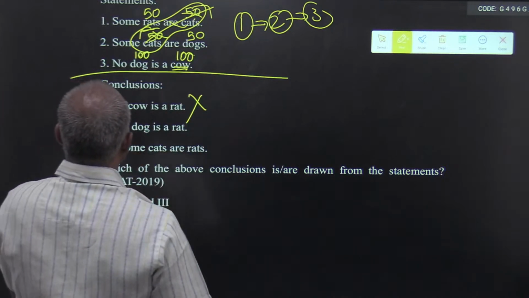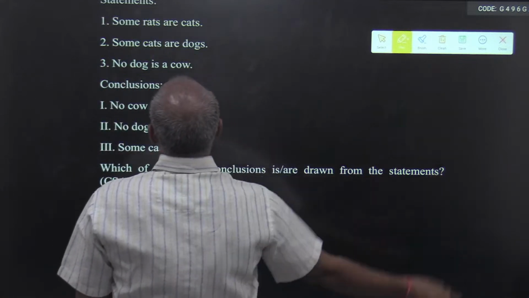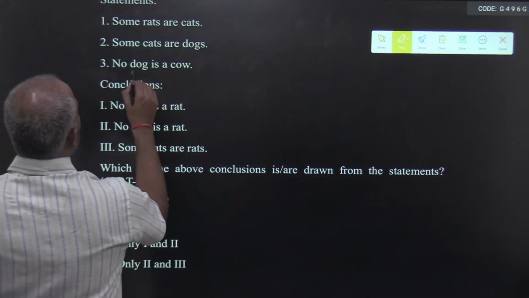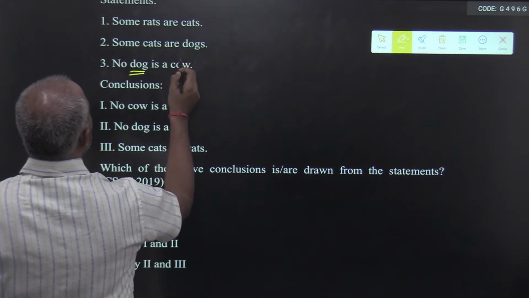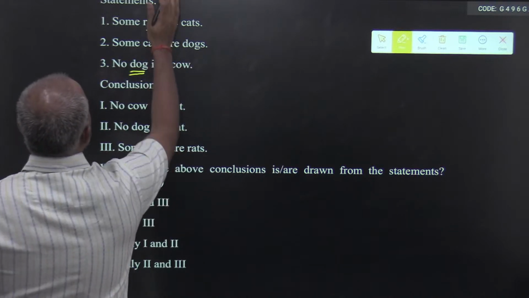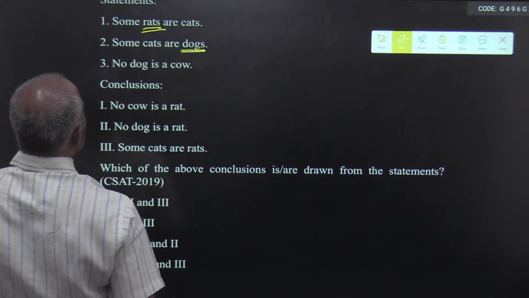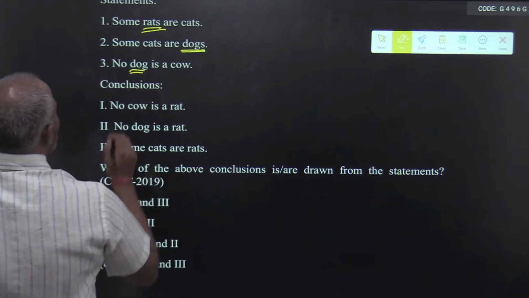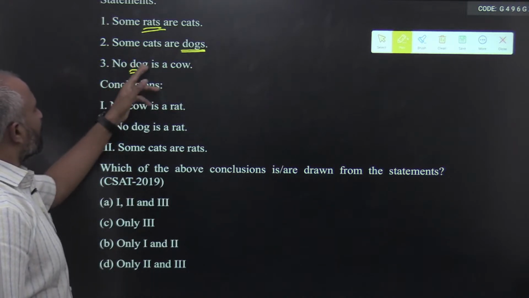Now the second one is between a dog and a rat. A dog is here and a rat is here. Some of you might ask me, a dog is even there, but is there a common element here?